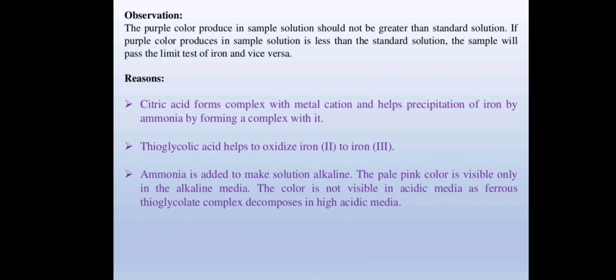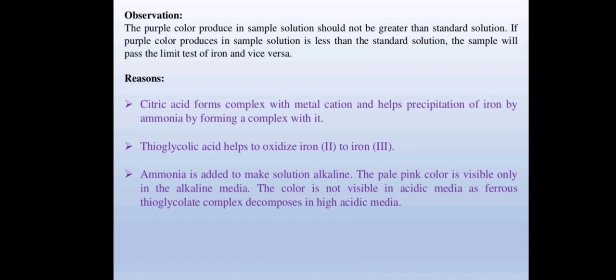So first of all, what are the reagents used in limit test for iron? Iron sample, thioglycolic acid, citric acid, ammonia. So what is the principle? Ferric iron reacts with thioglycolic acid in presence of citric acid and ammonia. It will give ferrous iron.